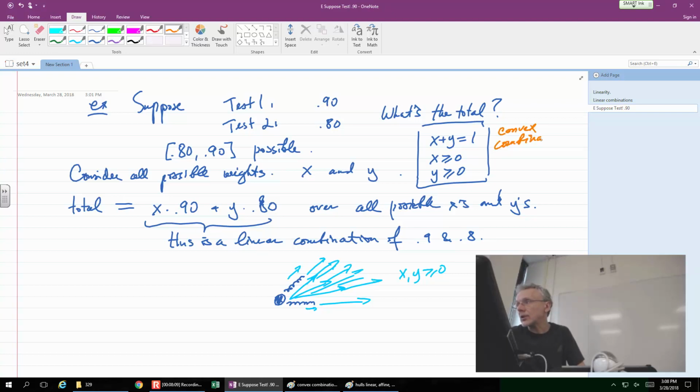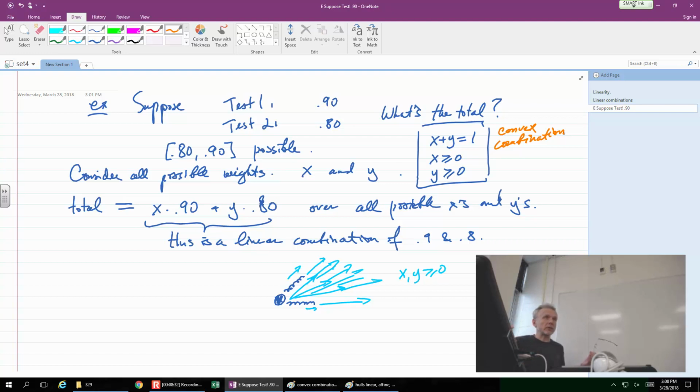Convex combinations are linear combinations but with extra restrictions. They have to add up to 1, no matter how many you've got, and they cannot be negative. So that's when you say weights. It is like you put different weights on different things, but they still add up to 1, and they cannot be negative.